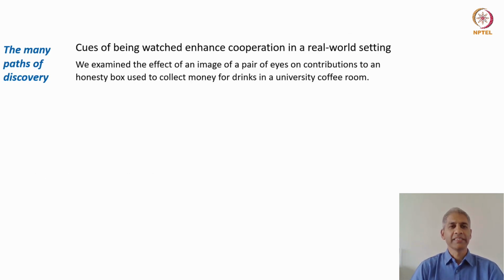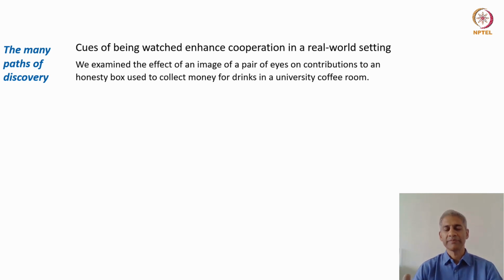The title of the study is Cues of Being Watched Enhance Cooperation in a Real World Setting. And what did these researchers do, which is given here? We examined the effect of an image of a pair of eyes on contributions to an honesty box used to collect money for drinks in a university coffee room.